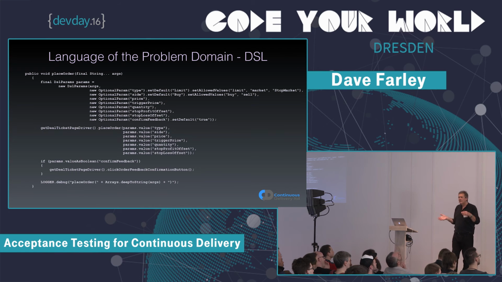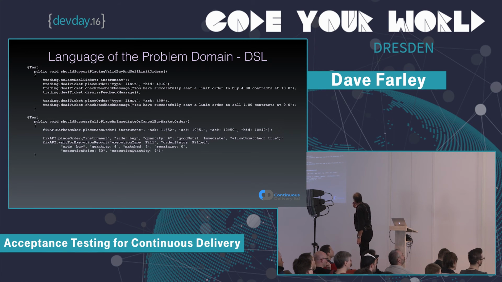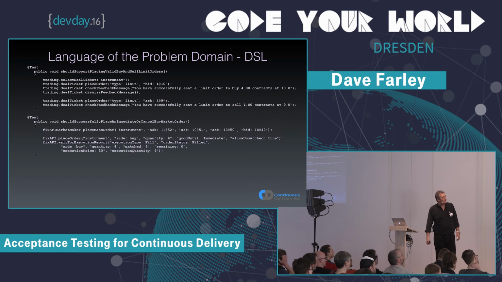In the first example here, when we're placing the order, we're just specifying two values. We're specifying a type of order, a limit order, and we're specifying a bid that we're going to buy a certain quantity of things at a certain price.